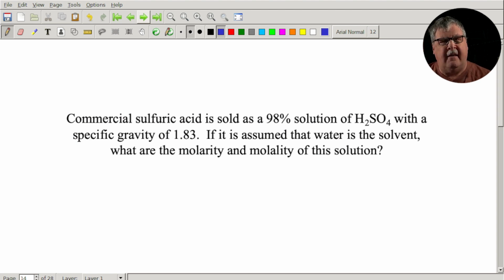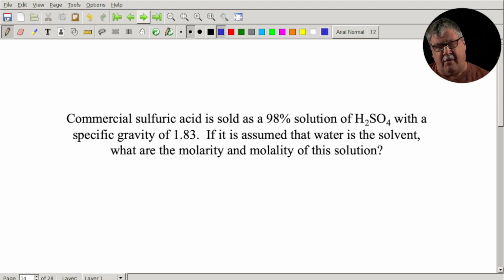So let's go back to this idea of commercially available acids. If you buy nitric acid, sulfuric acid, acetic acid, or hydrochloric acid commercially, it's often sold to you as a percent by mass solution. Okay, hydrochloric acid is sold as a 35% by mass solution.